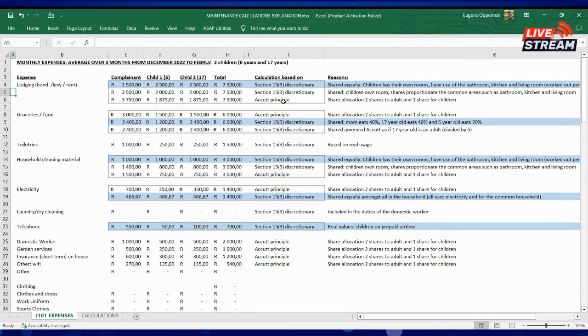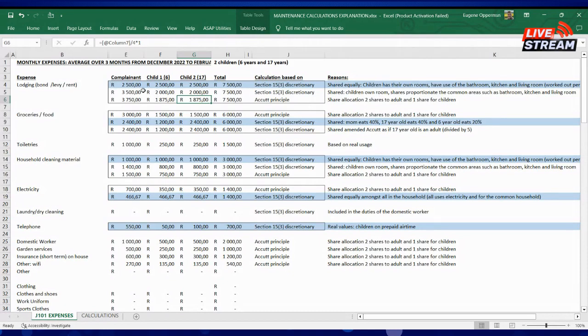So it means that if you use the acute principle, which is used in courts, and most magistrates and most legal practitioners favor that, it would mean that the mom needs to pay 3,750 Rand, or contribute that towards the rent, and then the children only those amounts, 1,800. But is that really fair?